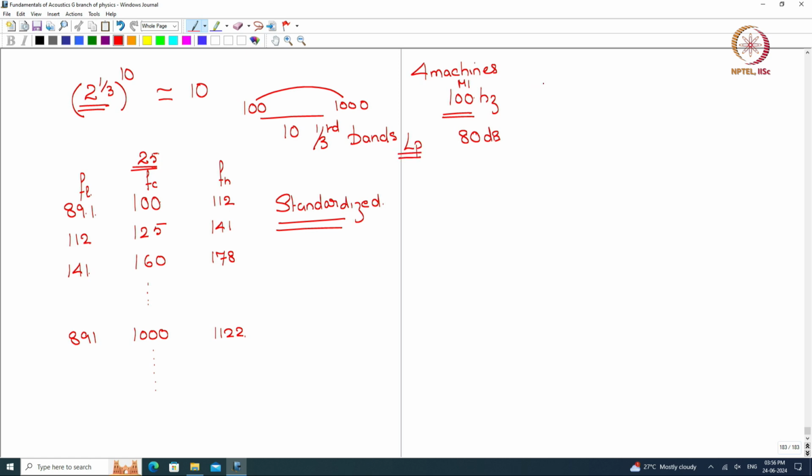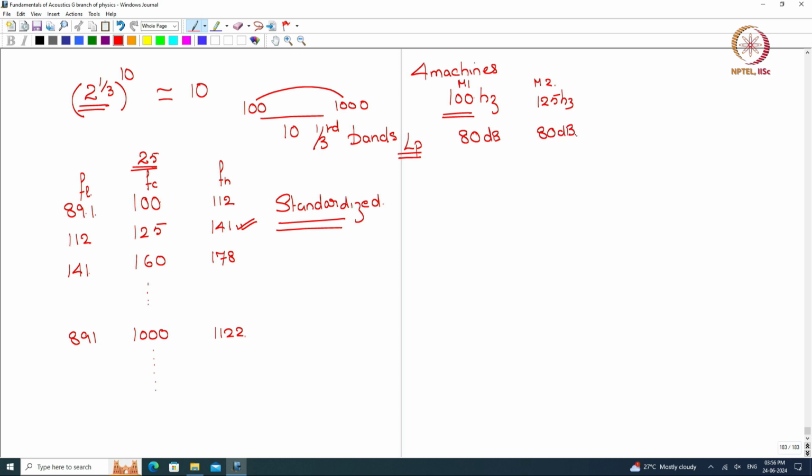Then machine 2 exclusively makes sound only in the 125 hertz band, where exactly we do not know, but in that band, and it also makes 80 dB.